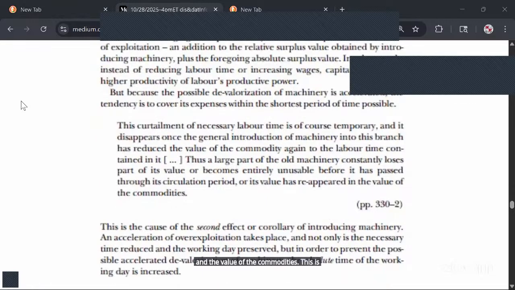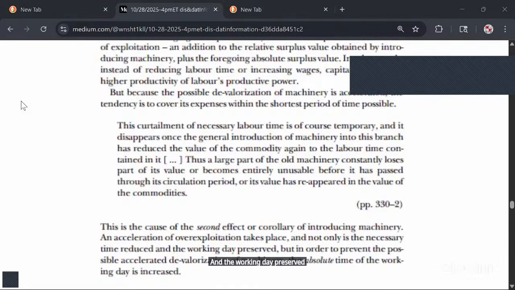This is the cause of the second effect or corollary of introducing machinery. An acceleration of overexploitation takes place, and not only is the necessary time reduced and the working day preserved, but in order to prevent the possible accelerated devalorization of machinery, the absolute time of the working day is technically increased.